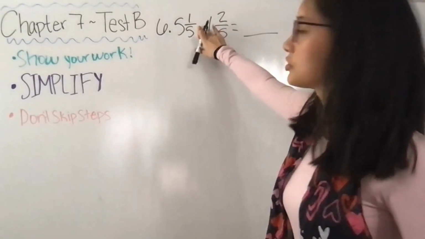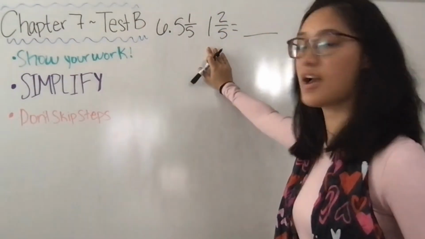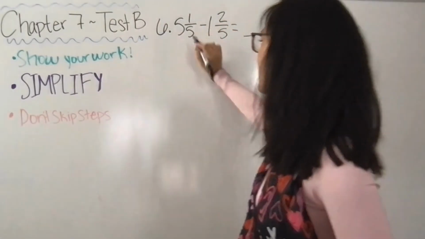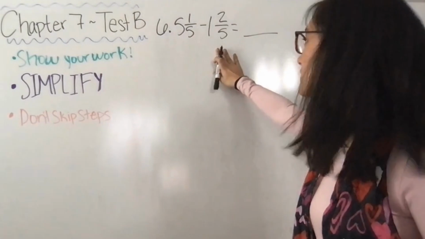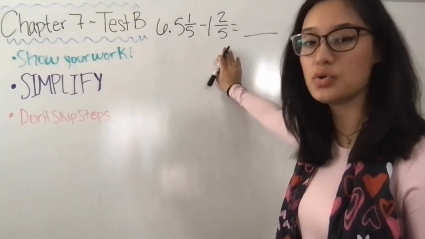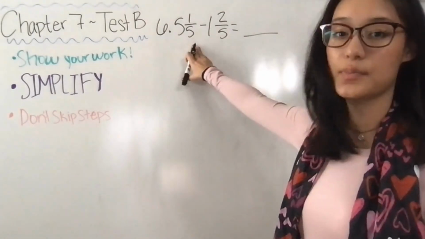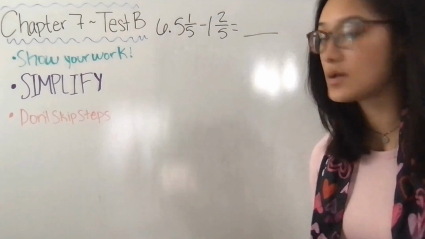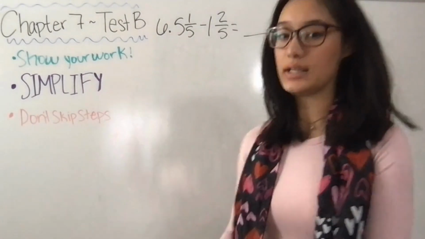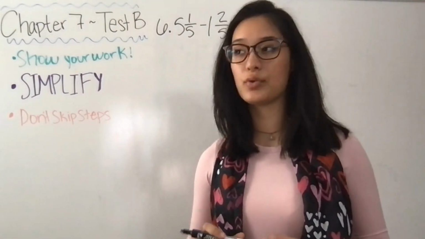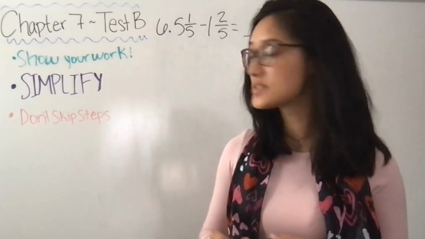All right, your next problem is 5 1/5 minus 1 2/5. Can 2 be subtracted from 1? No, it can't. But what is this 5 really? Isn't 5 really 4 5/5?